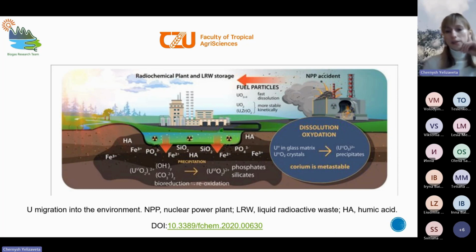Mostly, there is a lot of research about migration processes of radionuclides in the ecosystem, involved in biochemical migration with other elements that connect air, water, and soil in one system.